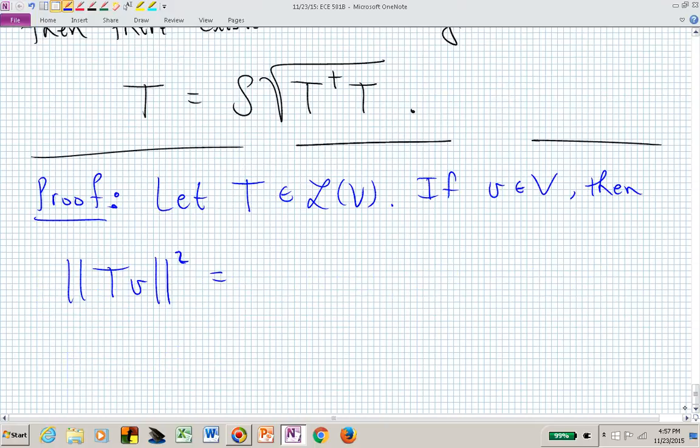How would we write that? That's the inner product. We're assuming we're on an inner product space. So now we have Tv inner product with Tv. But we can also write T as T dagger dagger. So let's do that with the T in the second slot. So this is now Tv inner product with T dagger dagger v.